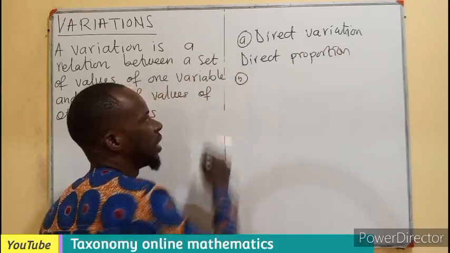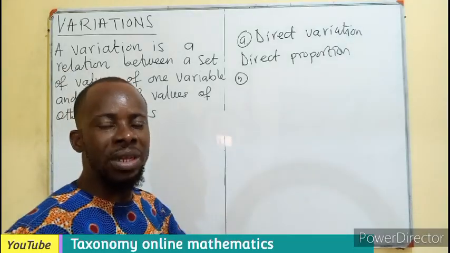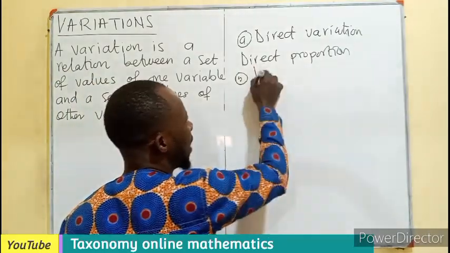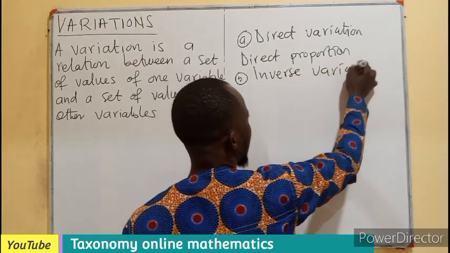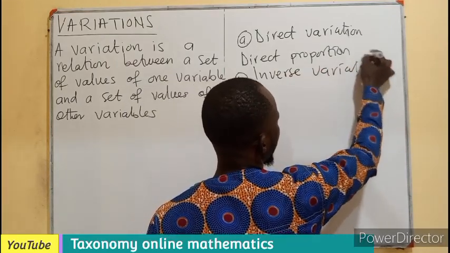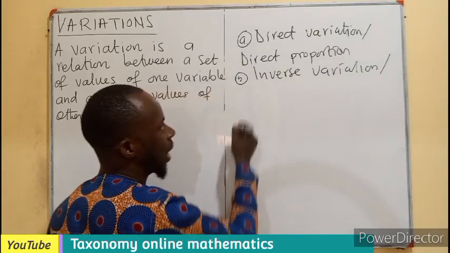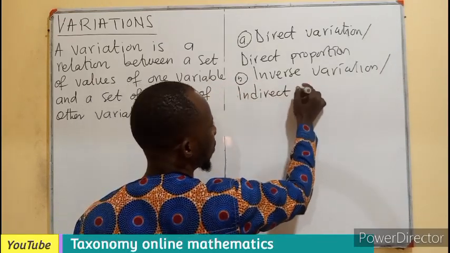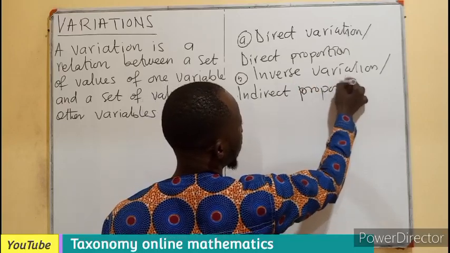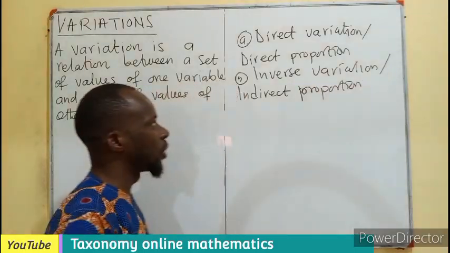Then, if it is not direct, it becomes indirect or inverse variation, which could also be known as indirect proportion.